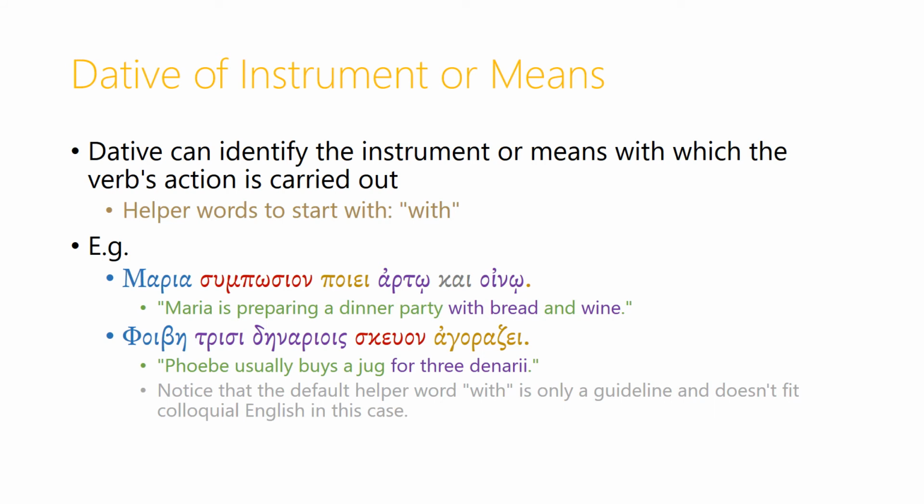We could say she buys a jug with 3 denarii or using 3 denarii, but often what you want to do is find the most idiomatic English expression and not be too firmly wedded to those helper words. So here in English, when we talk about using a certain amount of money to buy something, we don't say with 3 denarii, we would say for 3 denarii.